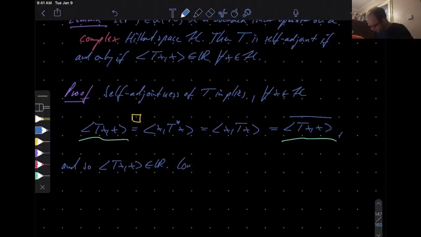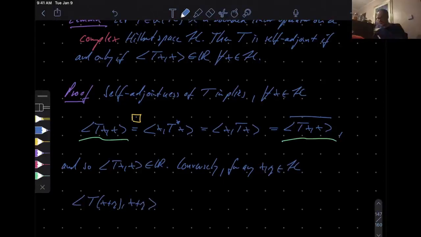Now conversely, there we have to work a bit harder. For any x, y in H, well, T(x plus y), x plus y, and here, by the way, that first direction did not use at all that you are in a complex Hilbert space. That is valid also in a real Hilbert space.